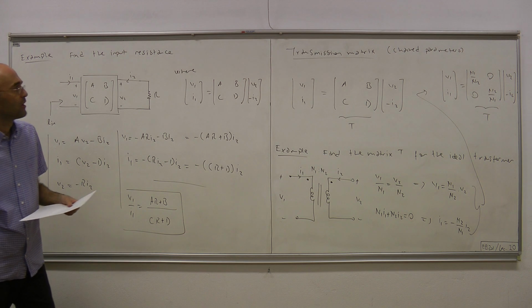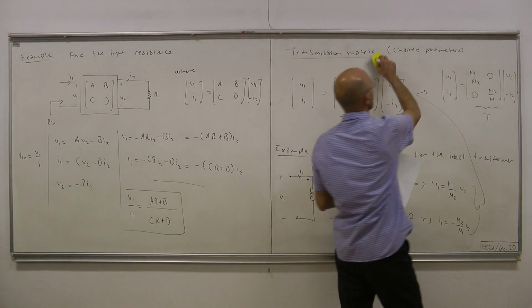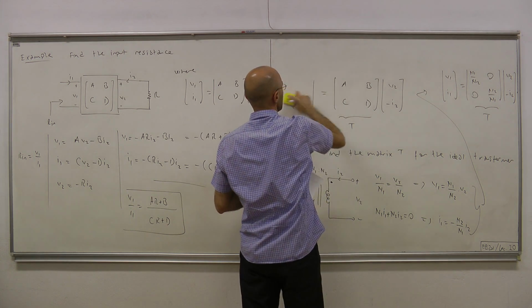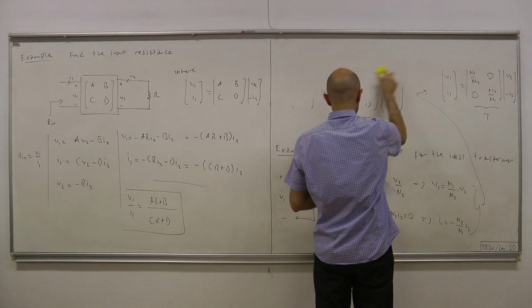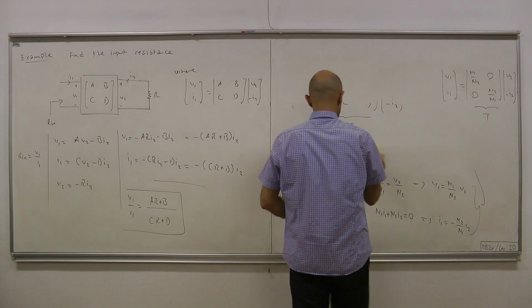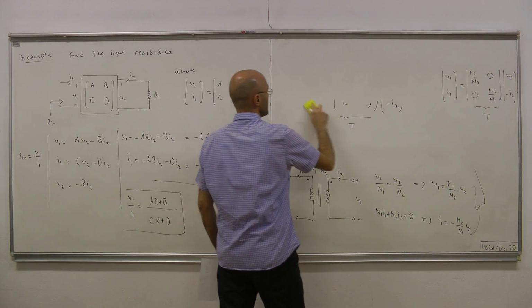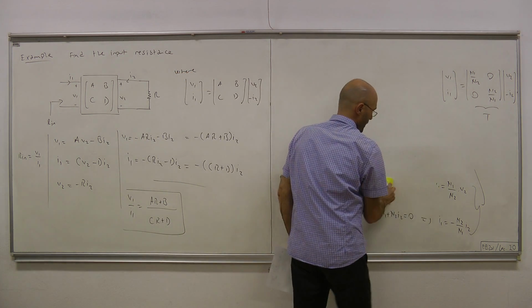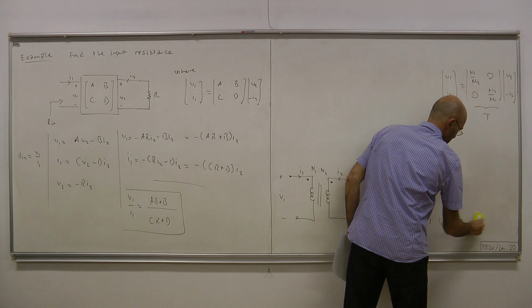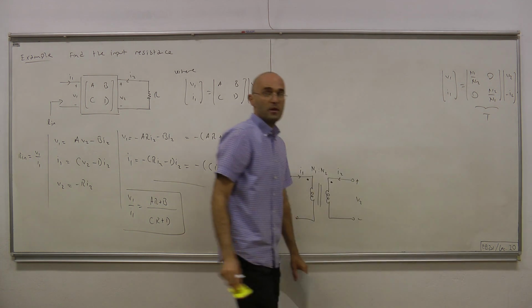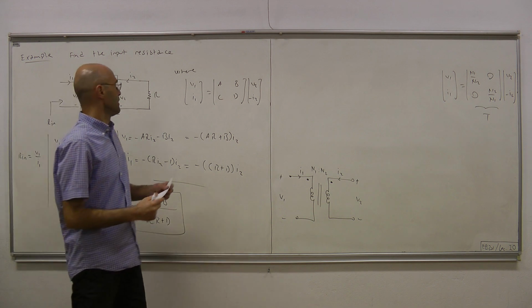Now, what we're going to do now is combine the previous two examples and obtain input resistance for the following one-port.